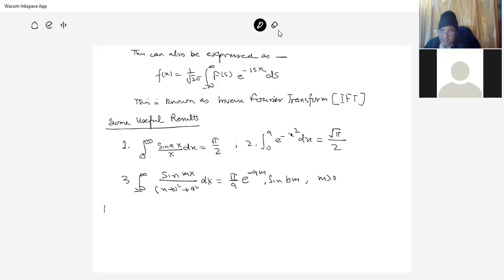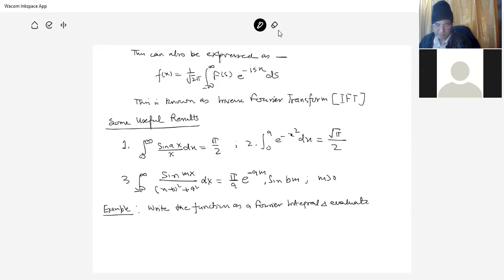Now take the example. Write the function as a Fourier integral and evaluate it.